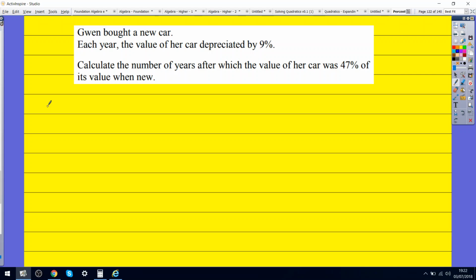So it's not 2. Try 3, 0.7, no. Try 6. So I'll try power 7. Yep, so it would be n equals 8 here.